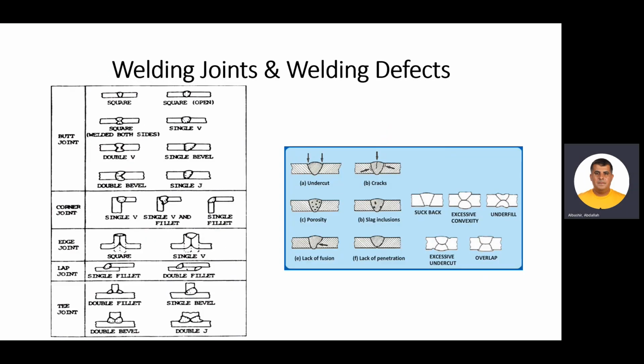Now, we need to know also the different welding joints and the welding defects, their shapes, and their causes. From the welding joints, we need to know the butt joint, the corner joint, the edge joint, the lap joint, and the T-joint.